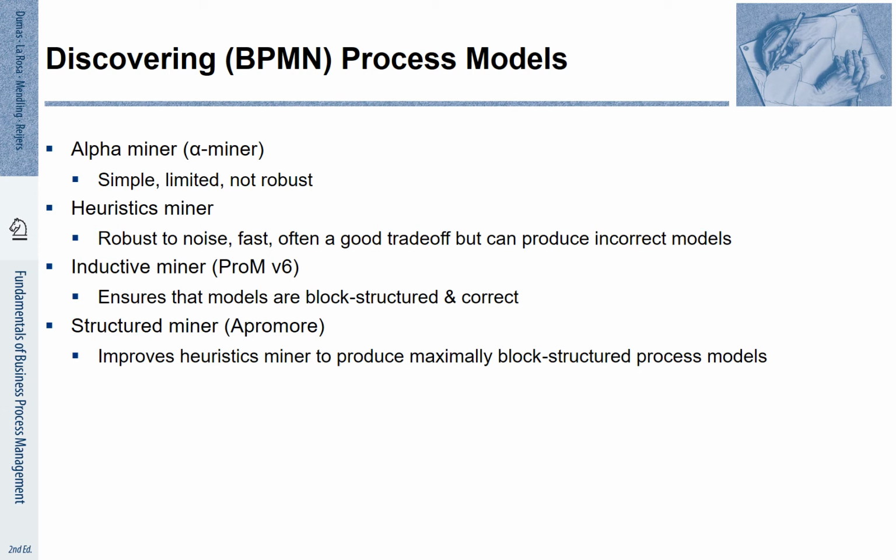It is simple, but it is not robust. There's the heuristic miner. It transitions from the directly follows graphs that we have seen towards a BPMN model. Then there's the inductive miner that tries to create block structures, and the structured miner that tries to maximize these block structures.